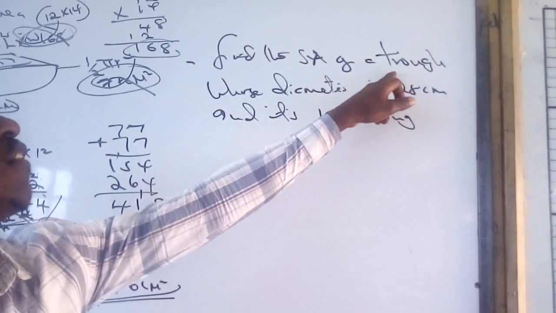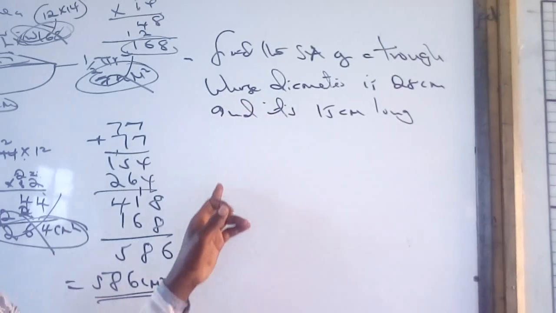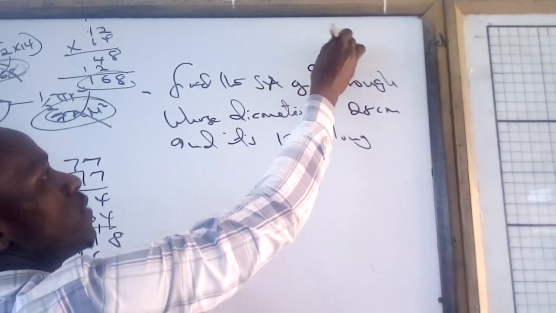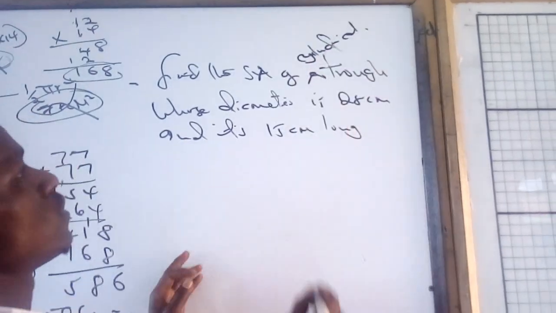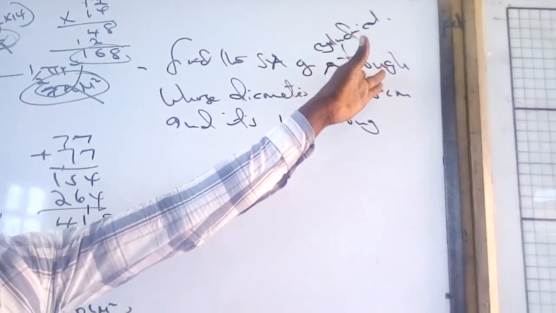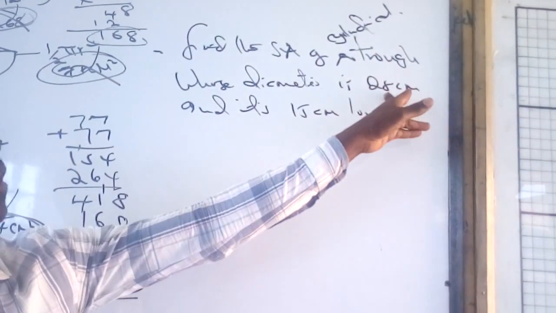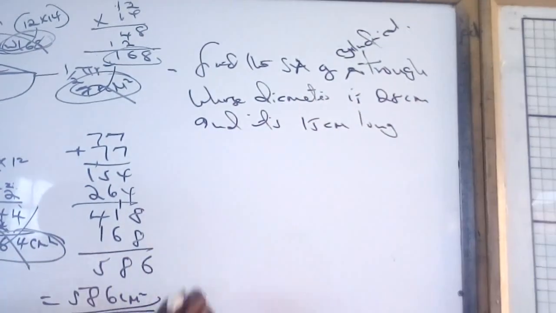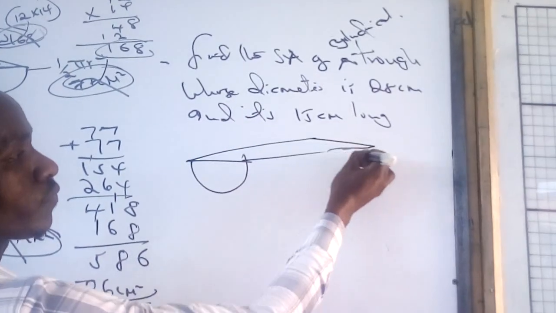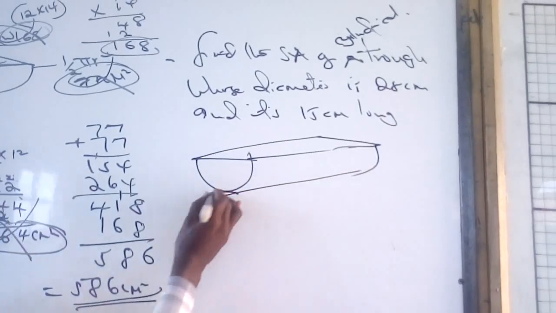Find the surface area of a cylindrical trough. In this case it is a cylindrical trough because of the subject we are discussing. So a cylindrical trough again appears the same.